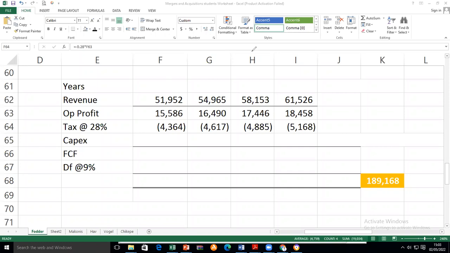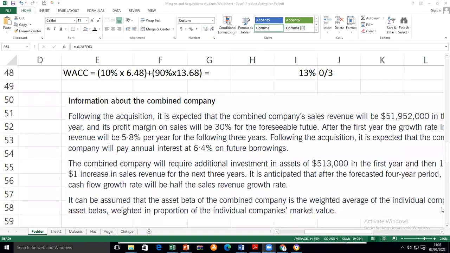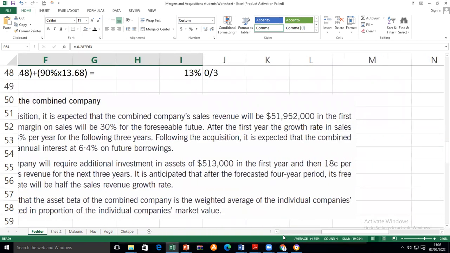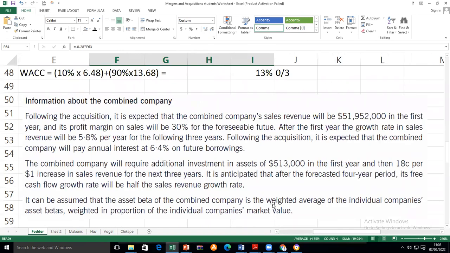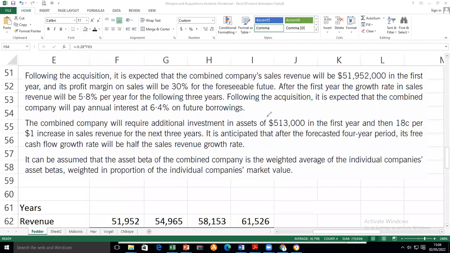The CAPEX to grow operations. What are we taught about the CAPEX to grow the operations? Let us follow through. That's an important item when you're doing free cash flow, because that's what makes this a free cash flow. It's when you knock off the routine capital expenditure items.